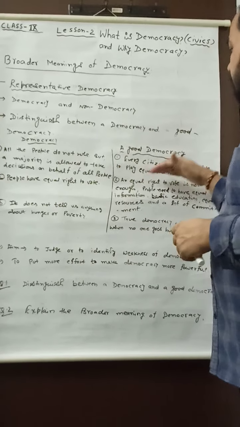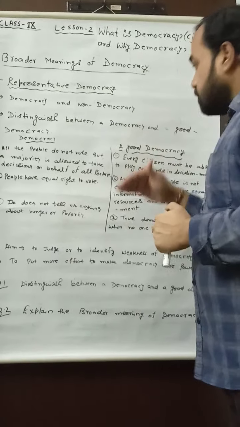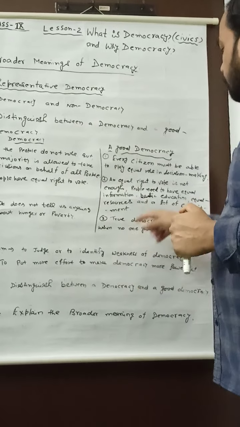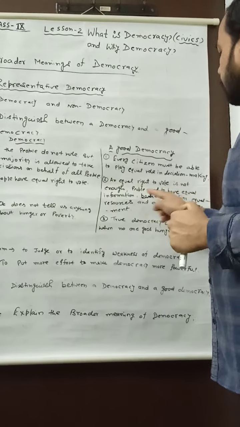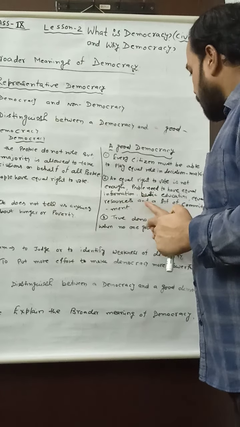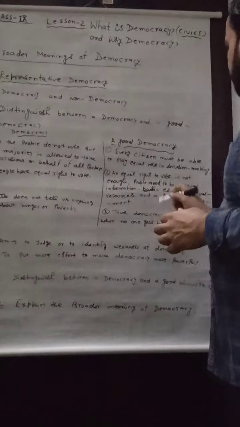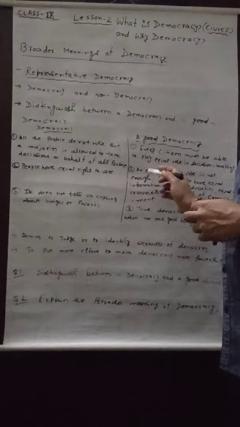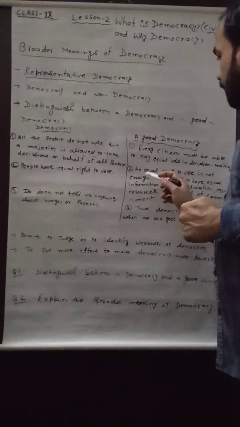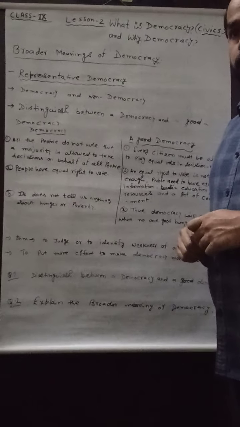Here an equal right to vote is given, but with this right some more promises are there. First of all, people need to have equal information, basic education, equal resources, and a lot of commitment. Some more things are also essential.